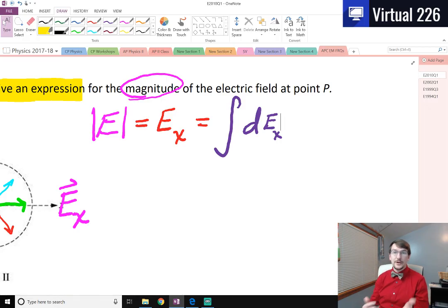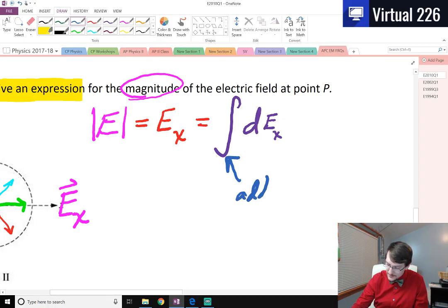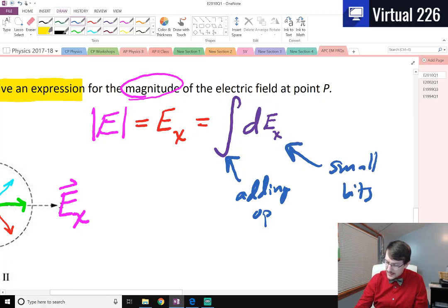Maybe if you're in Calc 1 or Calc AB, that's something that you're just seeing. And what we're really doing is just adding up. Remember, this just means adding up. And then these are small bits. And in this case, the small bits are the electric fields in the x direction.